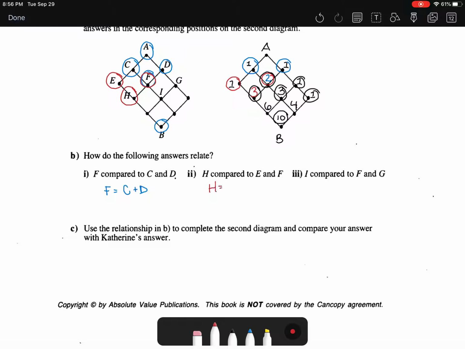H is equal to E plus F. And finally, how does I compare to F and G? Similarly, I is equal to F plus G. Part C says use the relationship in B to complete the second diagram and compare your answers with Catherine's answer, which we did as well. I get 10 as the number of routes possible in both scenarios.